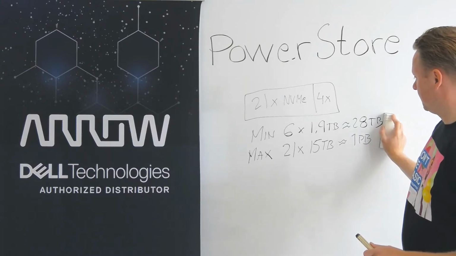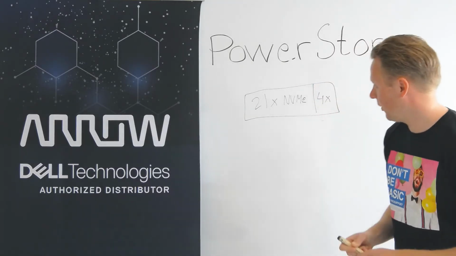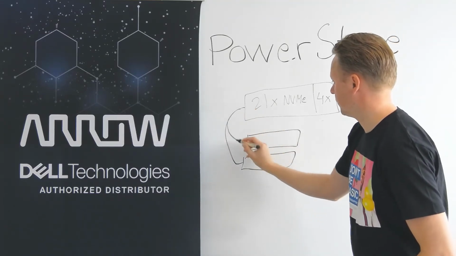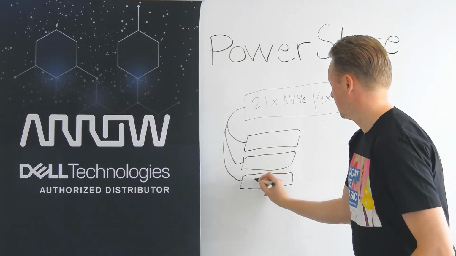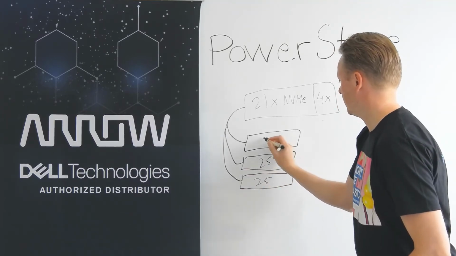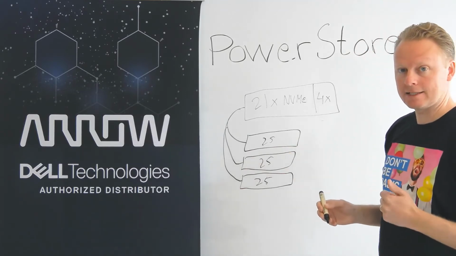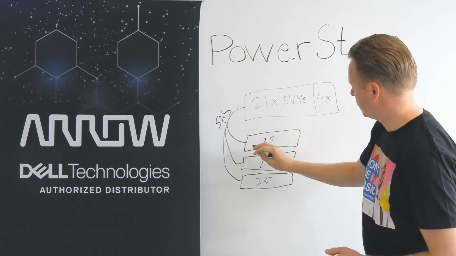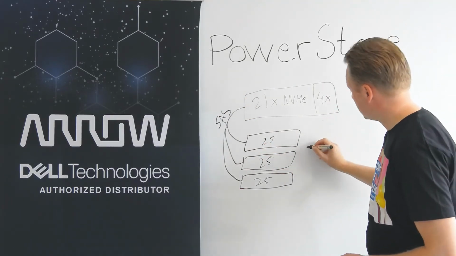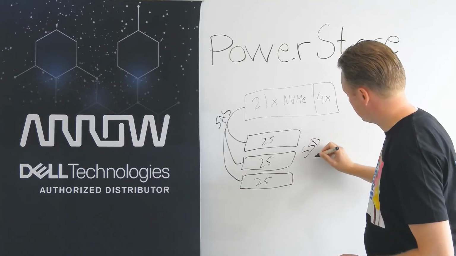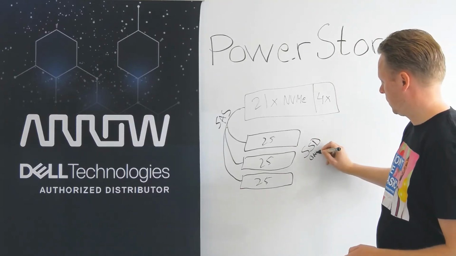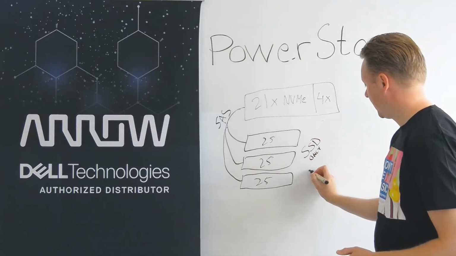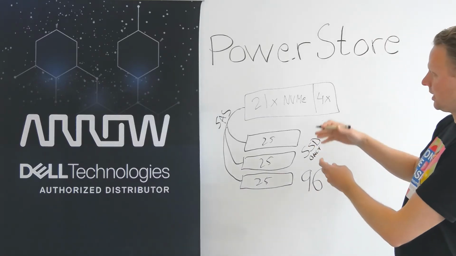If that's not enough, you are able to connect expansion enclosures to this platform and scale up, each enclosure with 25 SAS connectivity. So this is SAS and 25 SAS disks in each. It's only solid state drives, flash. So with this platform, that will give you 96 disks when you scale up this system.